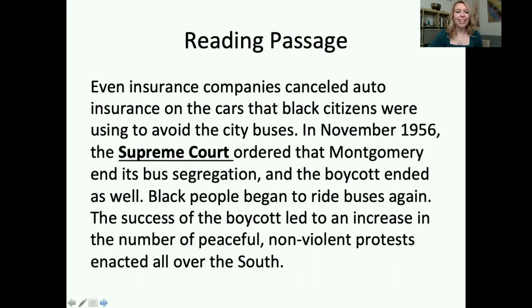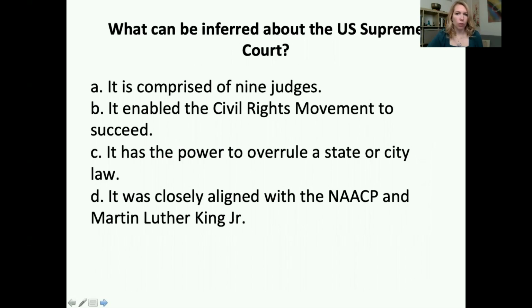Do we have enough information, though, to say that the US Supreme Court enabled or caused the civil rights movement to succeed? We just know that they ended bus segregation in Montgomery. We don't really have enough evidence to say the US Supreme Court enabled, or caused, the civil rights movement to succeed.